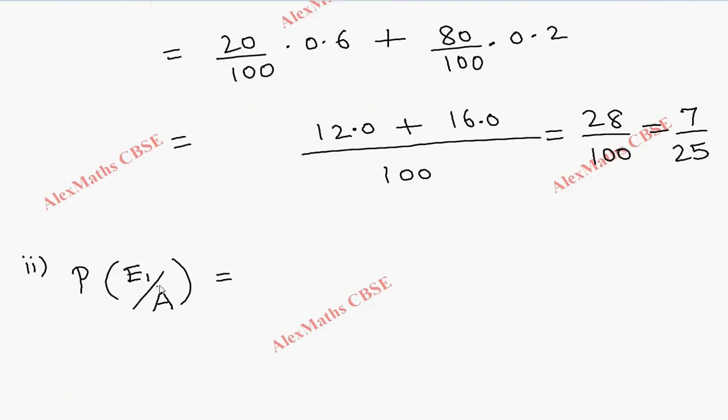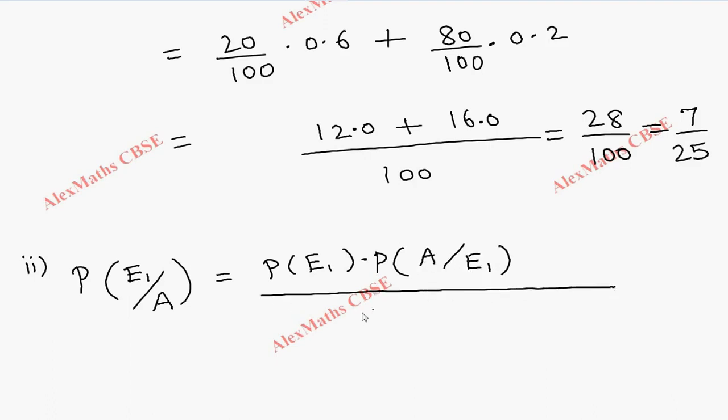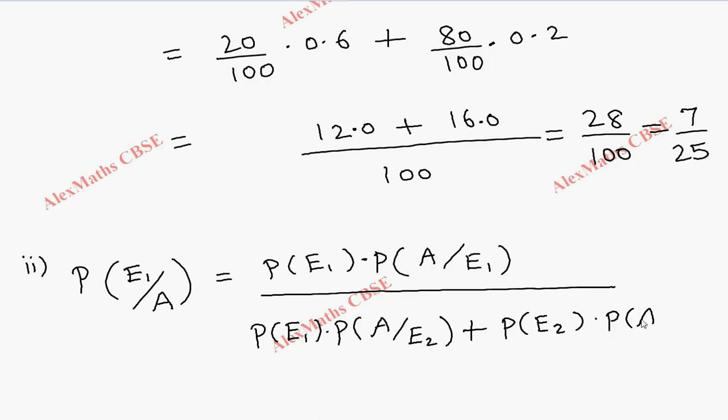Now by Bayes theorem formula, it is P of E1 into P of A by E1, we have to write its reciprocal, whole divided by, we have to copy this as it is, and we have to write the same thing for E2, because the denominator will have the total probability. So P of E2 into P of A by E2.